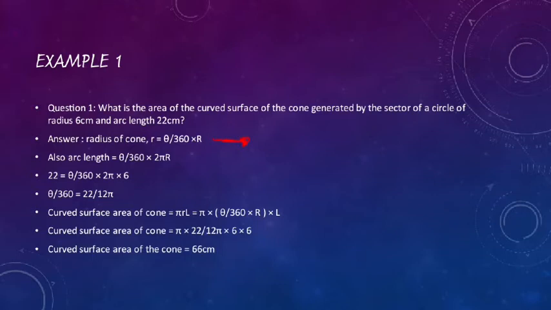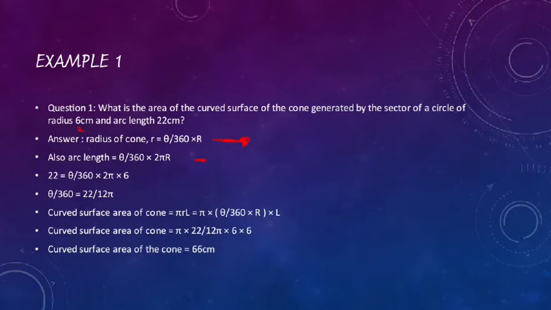From the formula of arc length, I said it is theta over 360 times 2 pi R, and the arc length is given as 22. Therefore, 22 equals theta over 360 times 2 pi R. Our radius of the sector is given as 6. Therefore, if you substitute for the value, you have theta over 360 times 2 pi times 6.